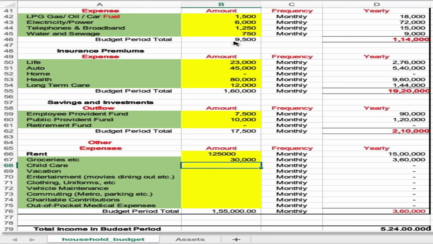Then you got childcare. Let's say 15,000 rupees a month. You have an ayah who comes. Then vacation. You take a vacation once a year, probably travel abroad or do some swanky things. So let's say that's 7,50,000.